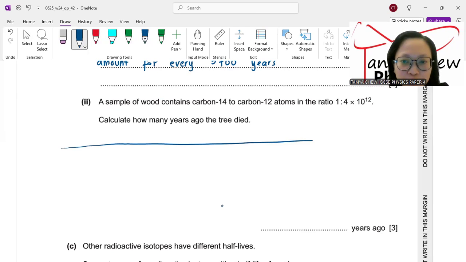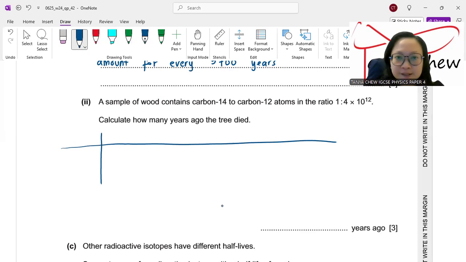I'm going to split it into two parts. Because this is carbon-12 and carbon-14, the ratio is 1 to 4 times 10 to the power 12, so I write down 4 times 10 to the power 12 when the time is equal to 0.